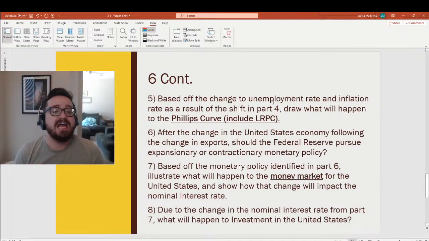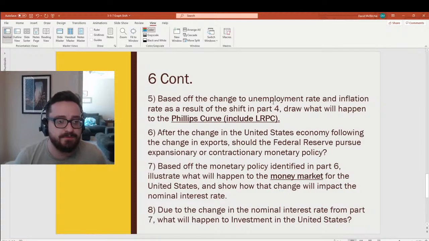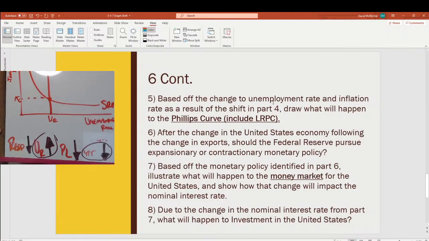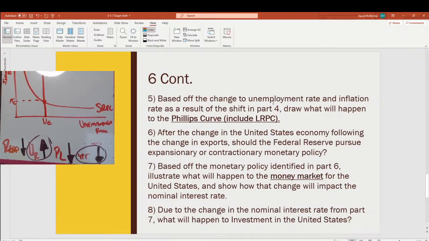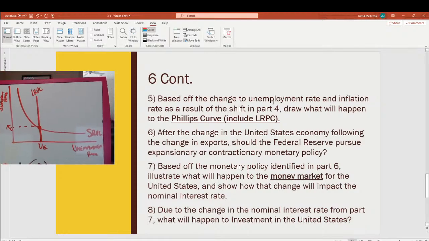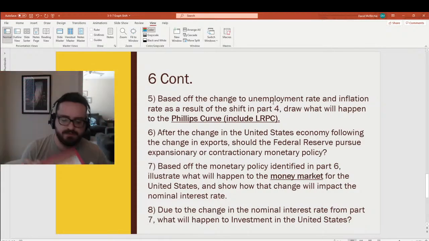Now, I have to then show the change in unemployment rate and inflation rate on my Phillips curve, which is relatively easy because those are the axes, and I just wrote down what happened to unemployment and inflation rate. My unemployment rate is going up, my inflation rate is going down, so I should have a higher X value and a lower Y value.